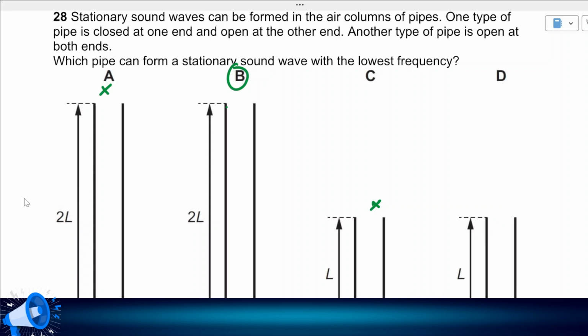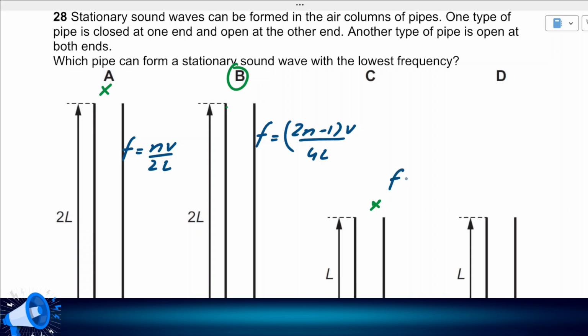What is the other method? The standard method. We have memorized the general formula of the first case, which is f equals nv over 2L. For the second case, if you have memorized the general formula, it is (2n minus 1) times v over 4L.